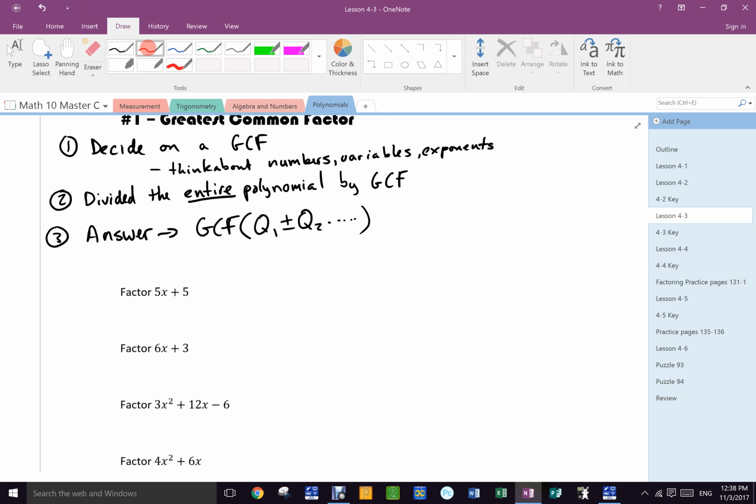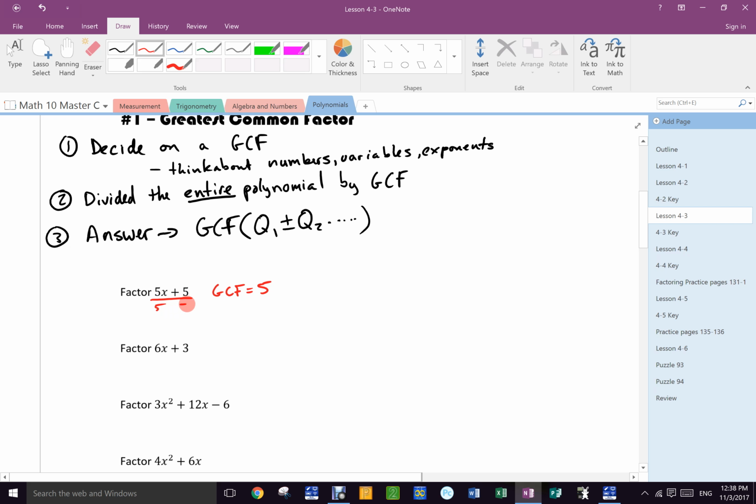All right, now, we're going to start with the easiest one we could possibly do. 5x plus 5. What's the GCF? 5. So I've decided on my GCF, yes? Step 1 is out of the way. GCF equals 5. Step 2, divide everything by the GCF.